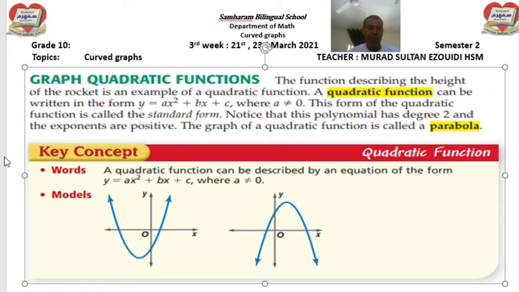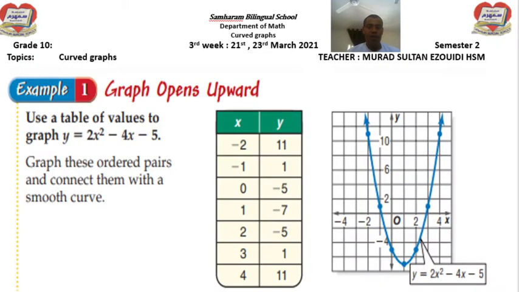Okay, we'll move to the second one. Here we have graphs that open upwards. You can see an example. Use the table of values to graph y equals x squared minus 4x minus 5. Before completing this table of values, my learners, you will try to construct a table like that, with x values of negative 2, then minus 1, then 0, 1, 2, 3, and 4.